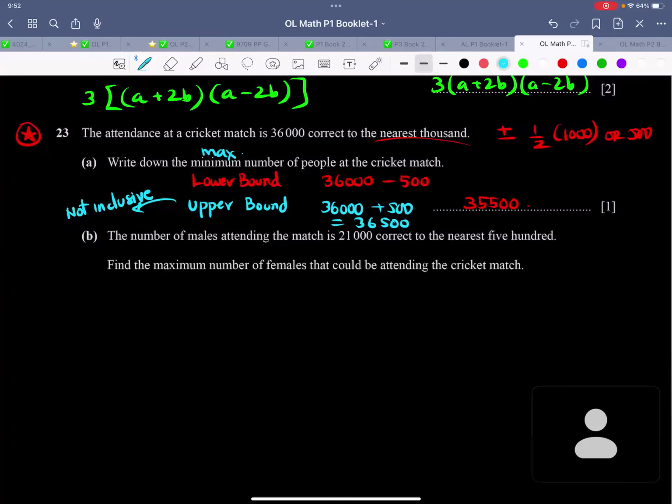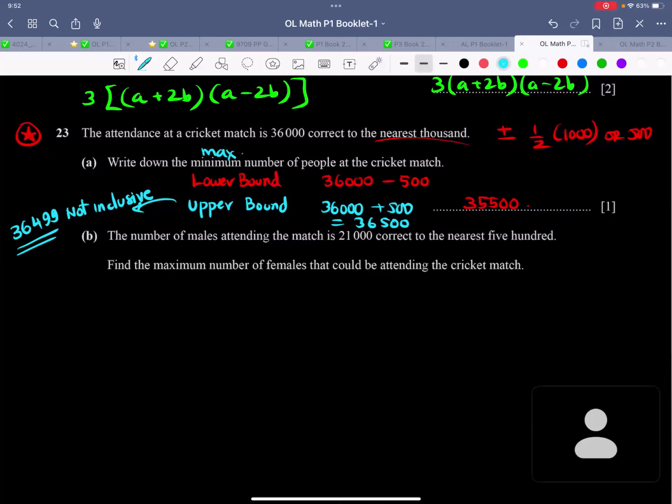So therefore, the value that we will use is 36,499 for the next part, because it's not a length, it's not a kilogram weight or something. It's a person. So you have to round one step down. Okay, keep that in mind.